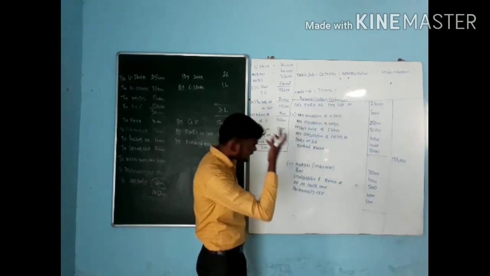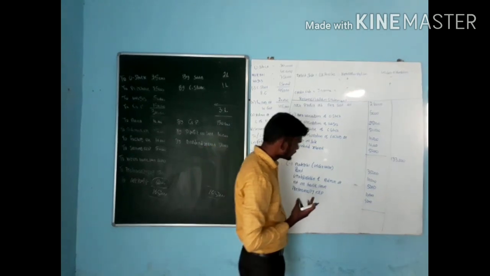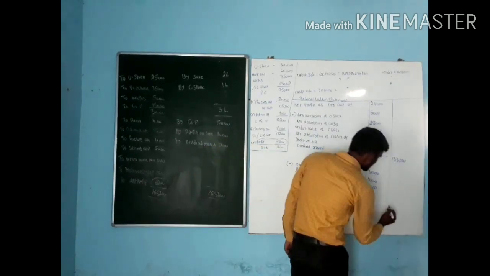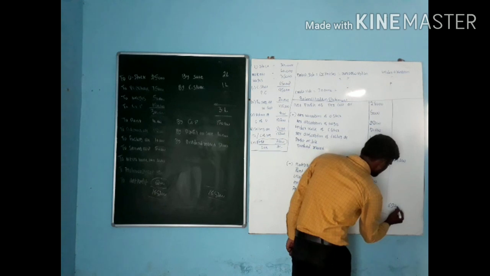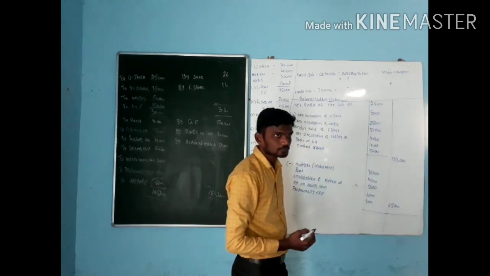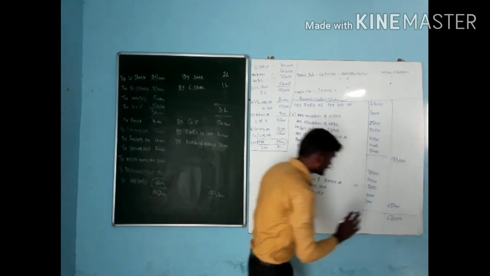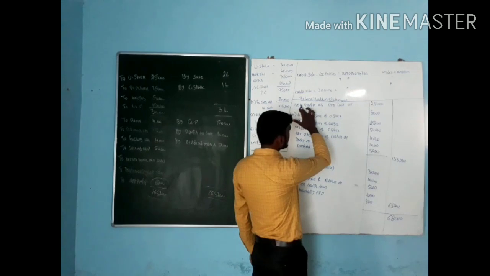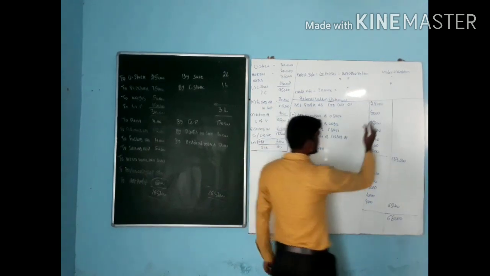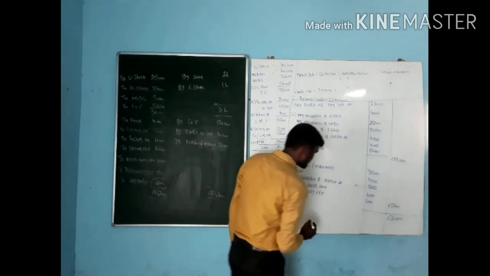Minus: that is 35, 10, 5, 10, then 5. 20, 30, that is 60, 65. 65,000. 68,000. We take net profit as per cost accounting. By using the cost accounting information and financial accounting information, we are getting a difference of 68,000.